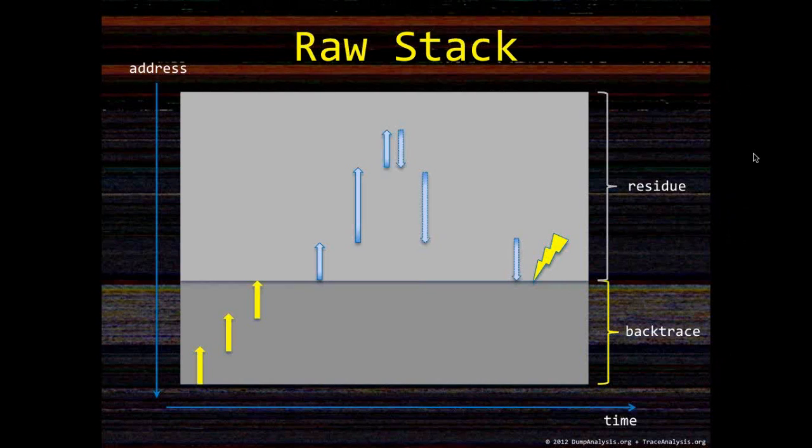So this picture also represents some kind of a stack trace. And also notice that at some point, at some time, we save a memory snapshot, or we have a core dump, crash dump. You see a lightning arrow.